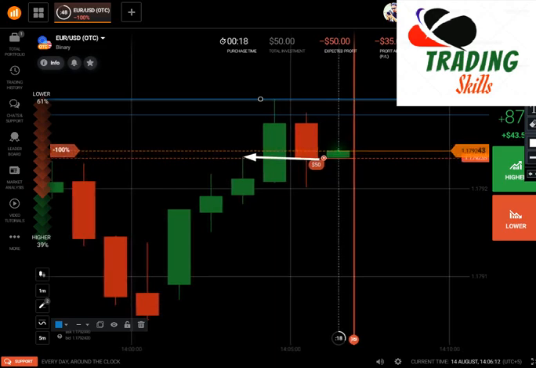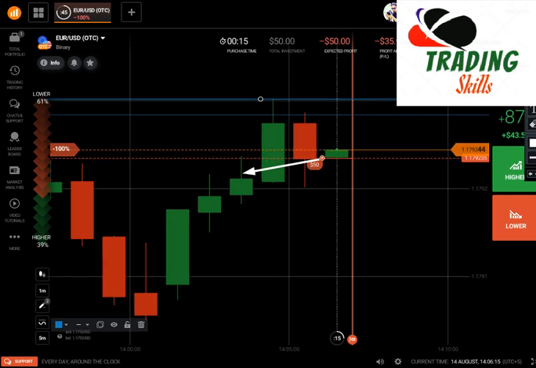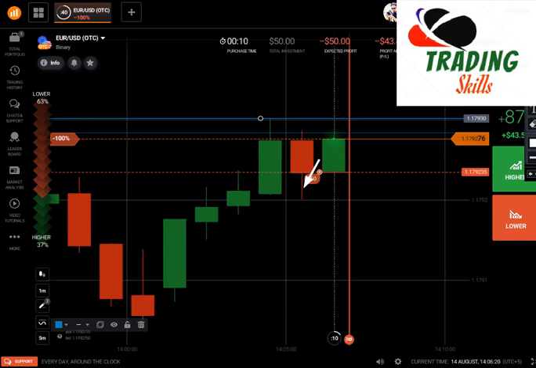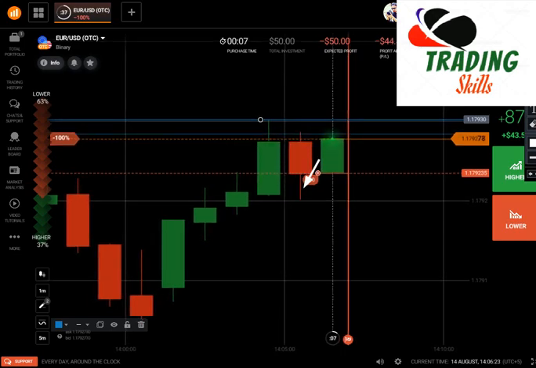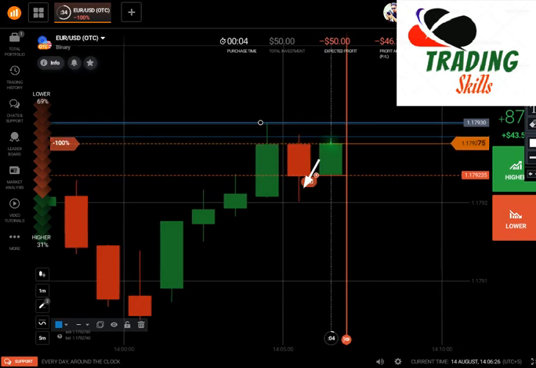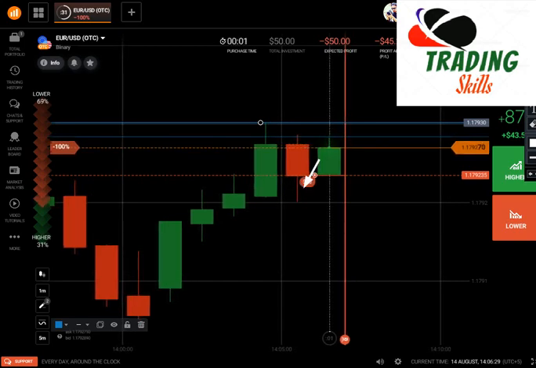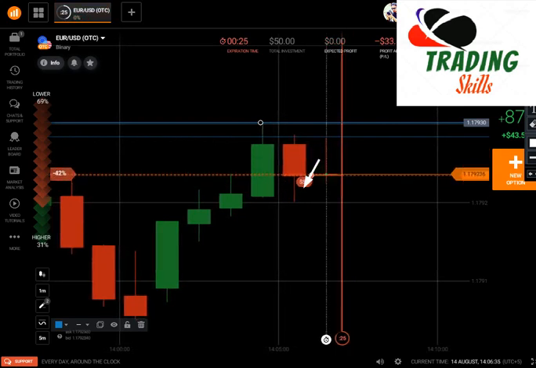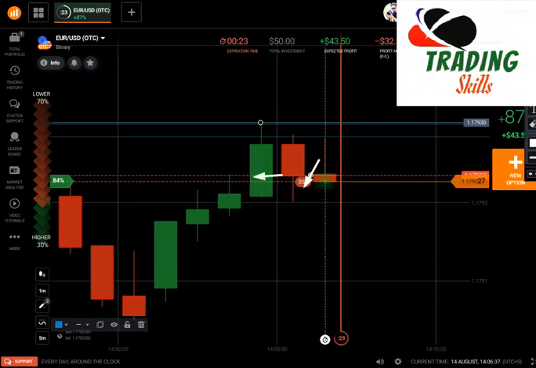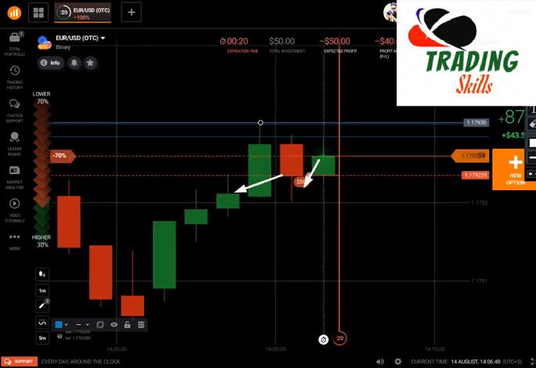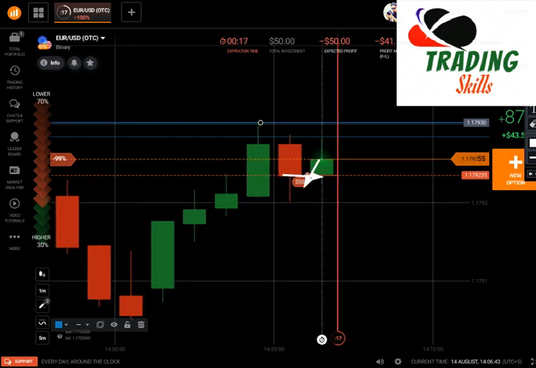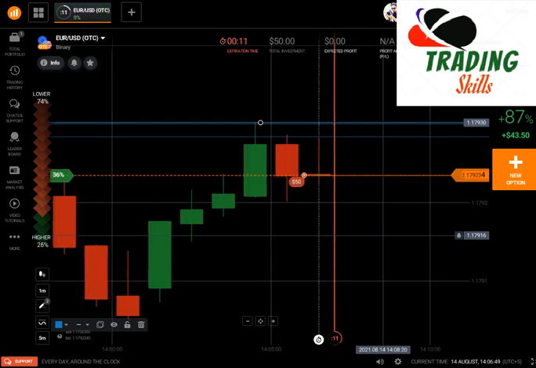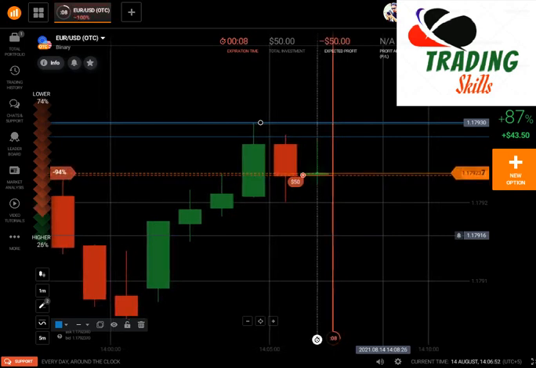At this area sellers entered, so it means that this candle is making a new low, telling us that the market needs to go down, because the sellers are pushing the market down and buyers are far away. Now the candle closed exactly at the sellers' entry point, so you can easily go here with the sellers and you will win. So here I got an opportunity, I took one trade and we will win, no doubt about it.